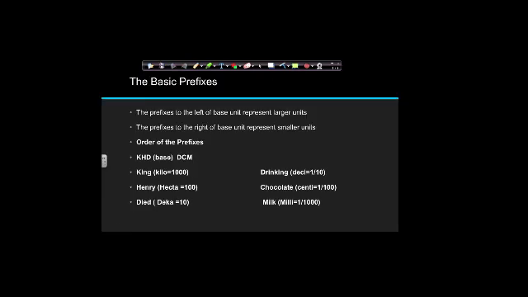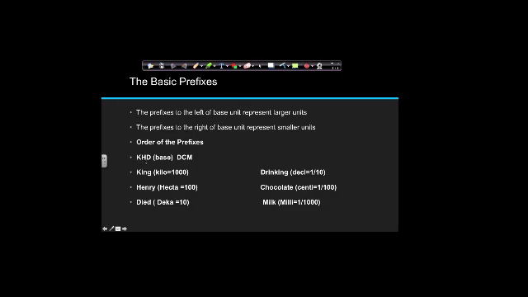Okay, so here are some of our basic prefixes. We have kilo, hecta, deca, deci, centi, and milli. These are our most basic ones, and I remember the order of the prefixes with a saying. The saying is, King Henry died drinking chocolate milk.